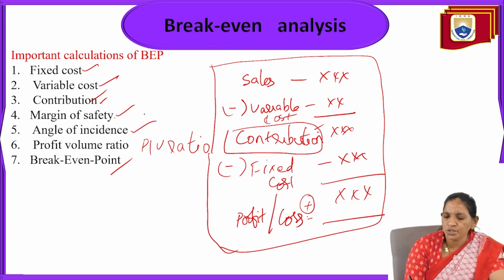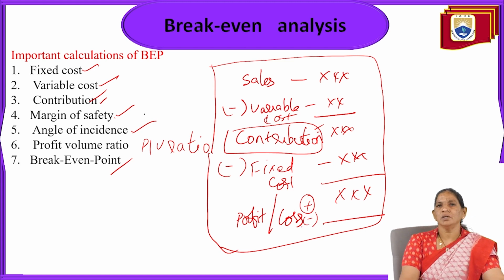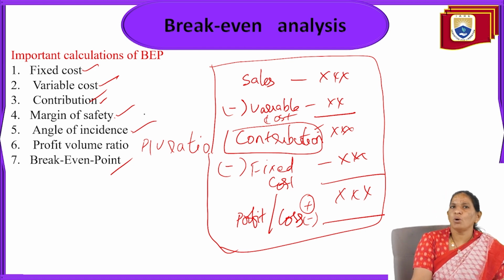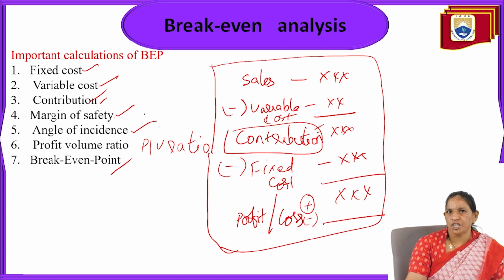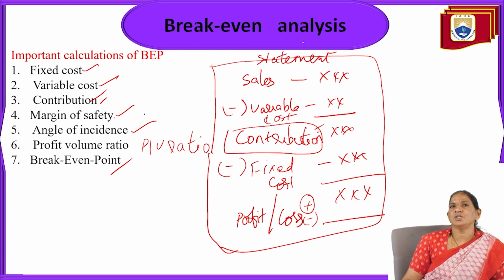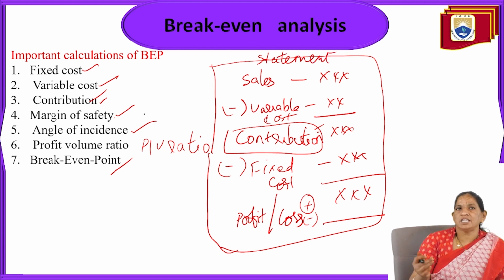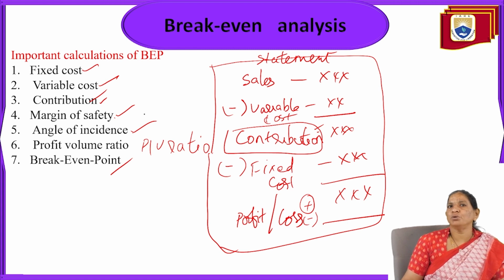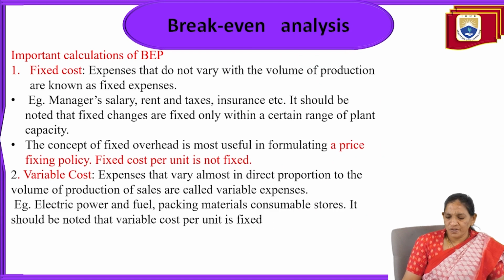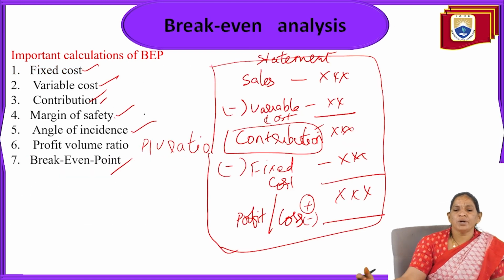If the organization gets a negative figure, we call it a loss. This is a simple statement for calculating BEP or for managerial utilization, to see whether the organization has reached break-even, profit, or loss.